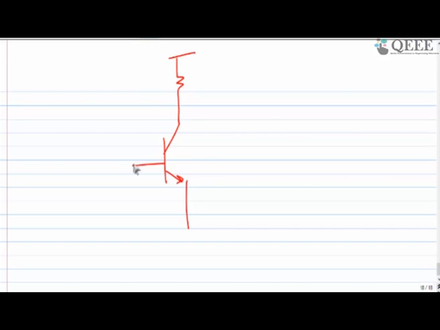I am not connecting any AC supply right now. This is my output, this is my input, but rather than calling them input and output right now, I am still calling this the base. This is the collector and this is the emitter.